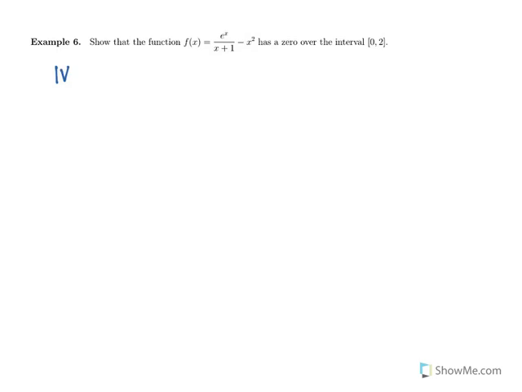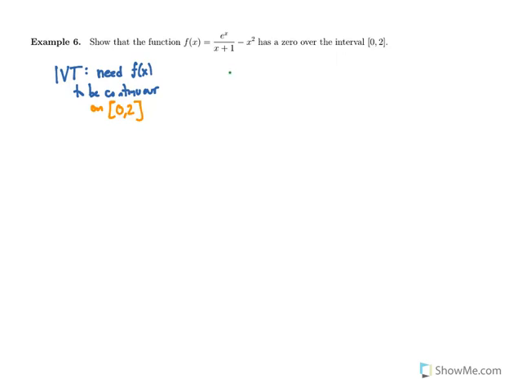So note that if I do want to use the intermediate value theorem, we need f of x to be continuous. That is a necessity for that theorem. And note that, or at least continuous on the interval 0 to 2.